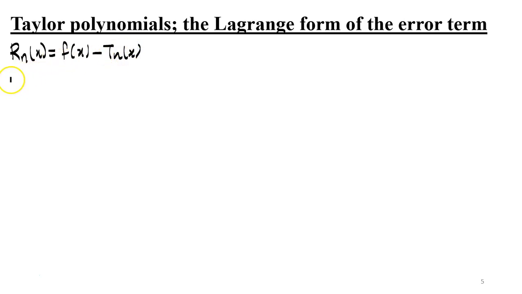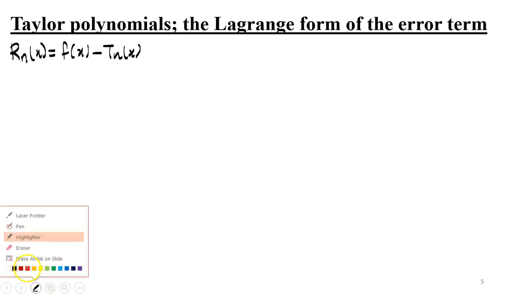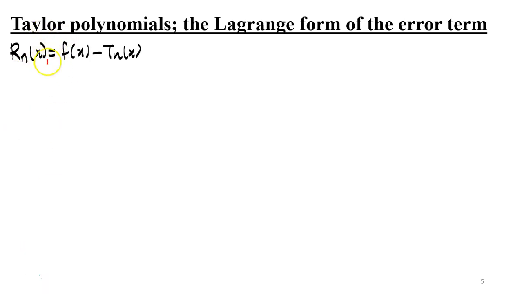Now at x equals a, I'm going to write these in red to differentiate them from the rest of the proof. So Rn of a is f of a minus Tn of a. And we've just seen that Tn of a is in fact f of a. So that difference is 0.